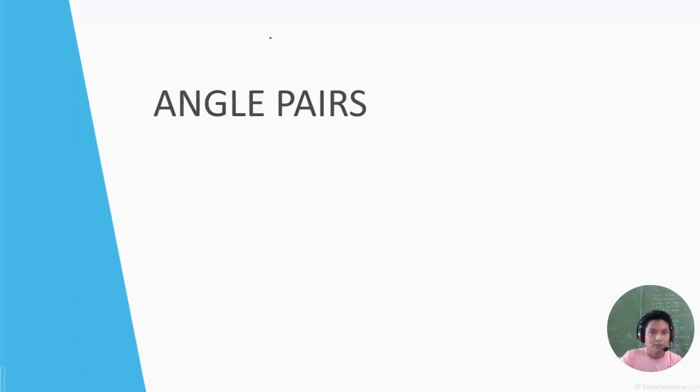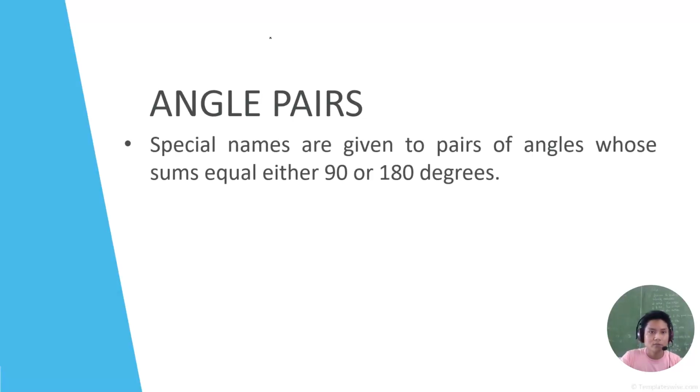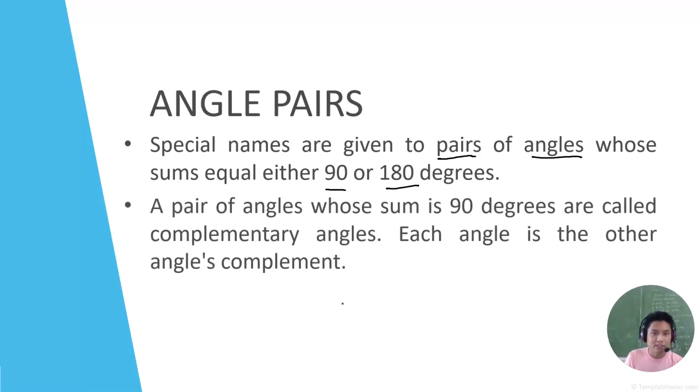So, how about angle pairs? Special names are given to pairs of angles which their sum might be equal to 90 or 180 degrees. What are these?